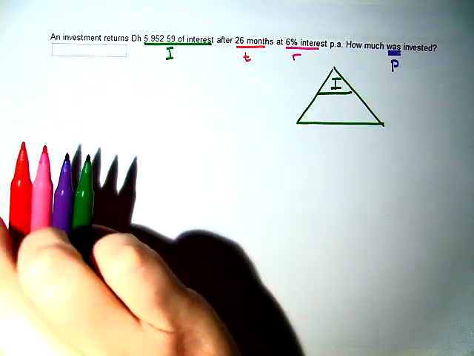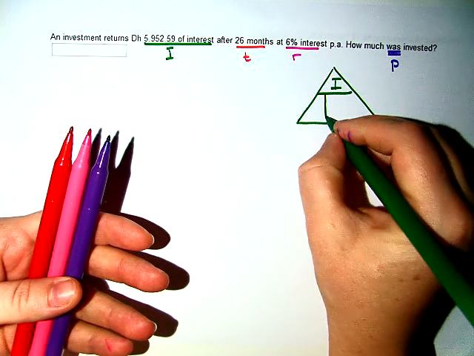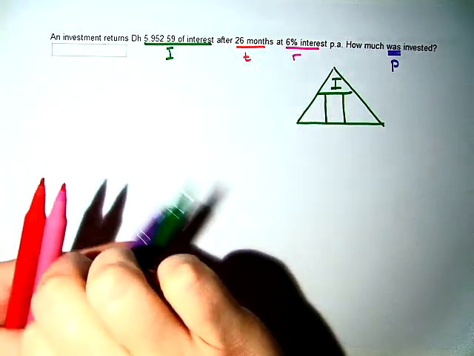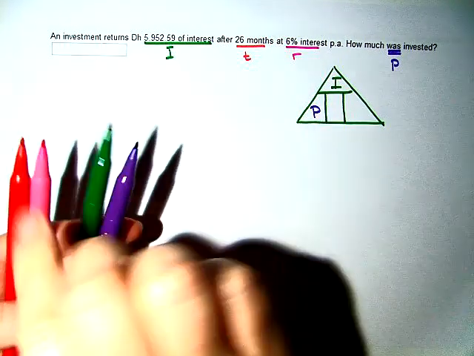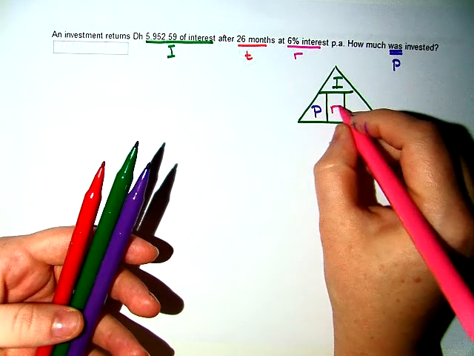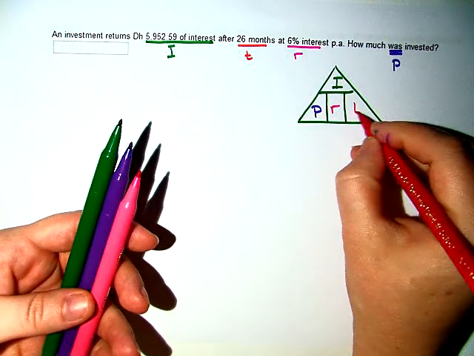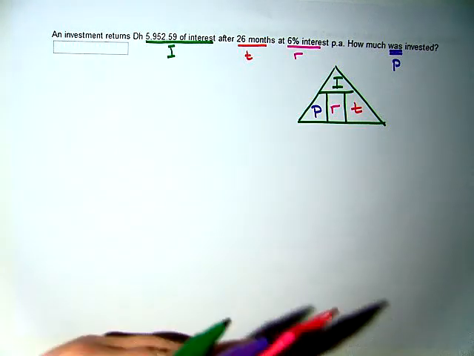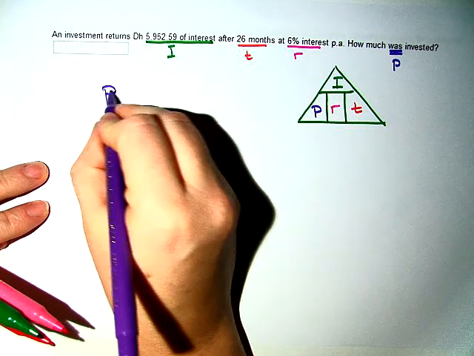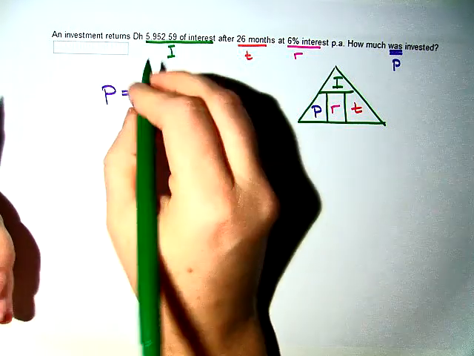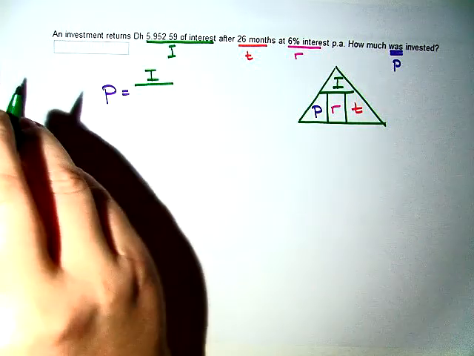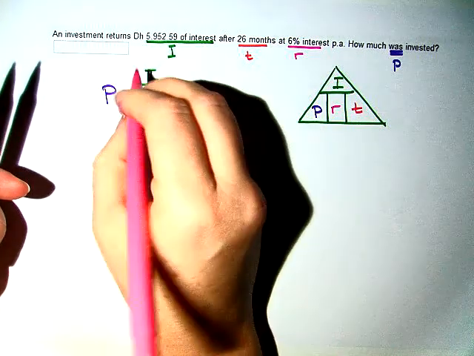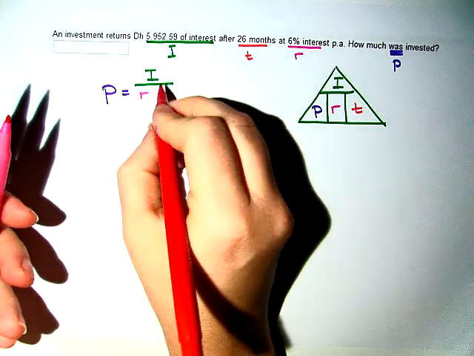I equals, and it's got 3 different things, P, R, and T. So if we're looking for P, the formula is going to be P equals I divided by the rate and the time multiplied together.